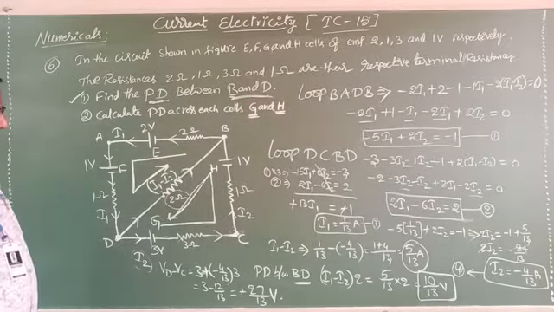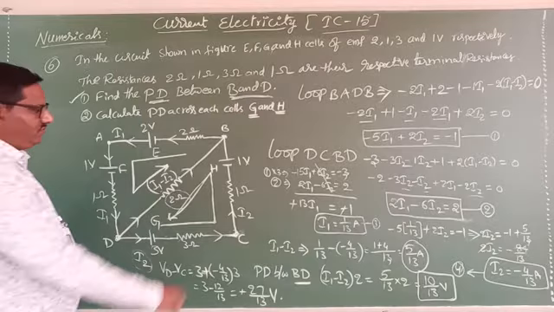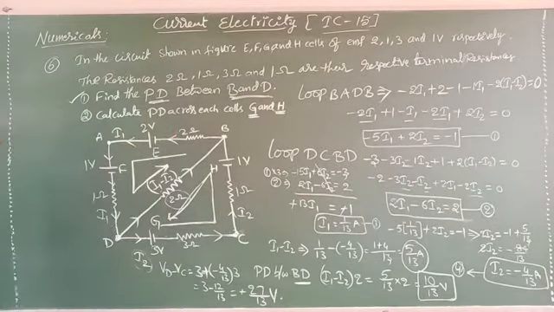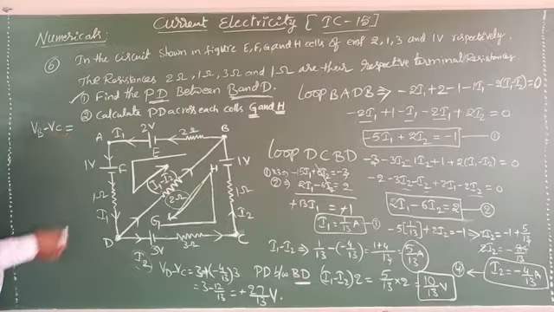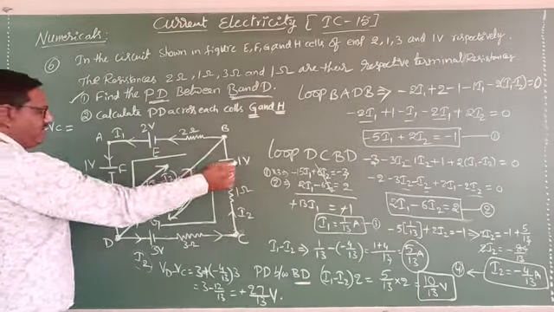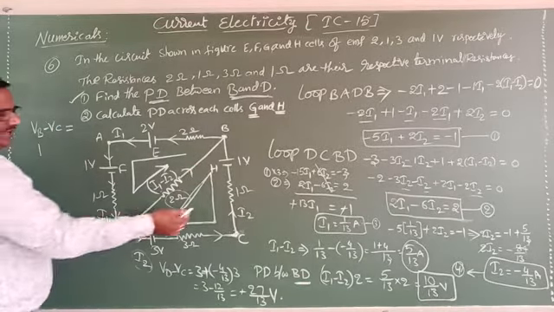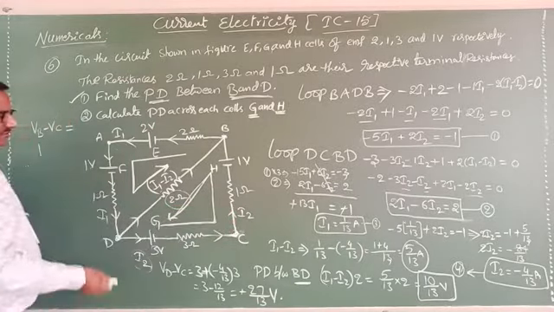How can you measure here? Now, we want to take this direction. Potential difference between VB minus VC. Now I am writing here VB minus VC, that is equal to, now here the potential is how much? 1 volt. Here the current will be I2.